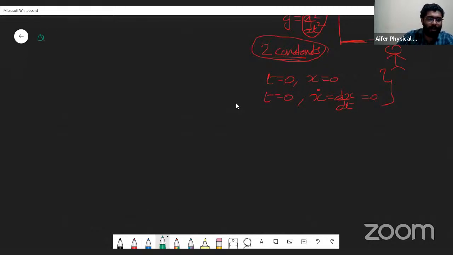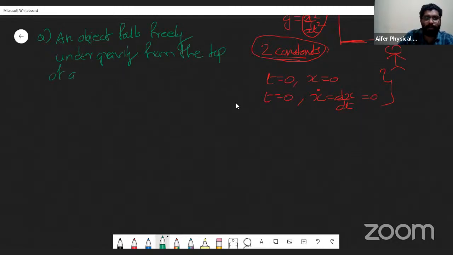Question. An object falls freely under gravity from the top of a building. Same problem we discussed, right?